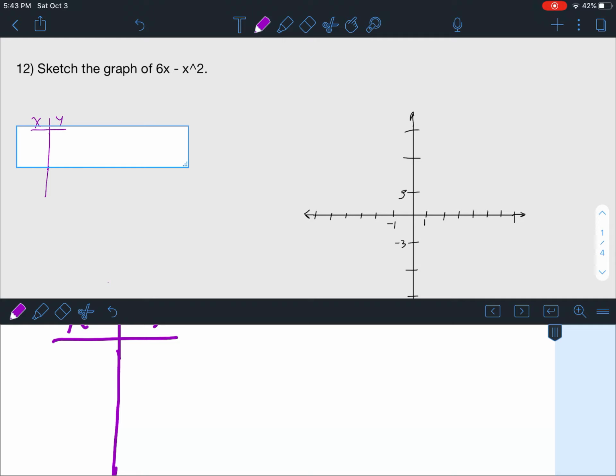Typically, you're going to want to plot the intercepts with the x-axis, the vertex, and 2 points on each side of every x-intercept.